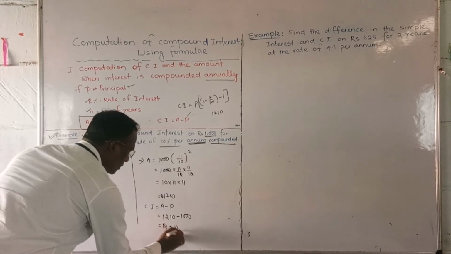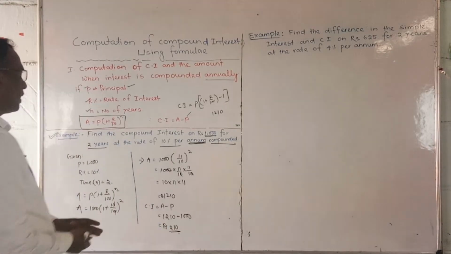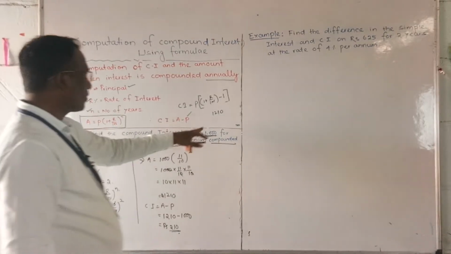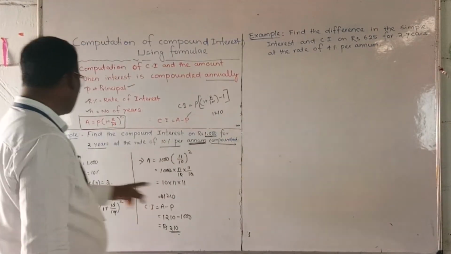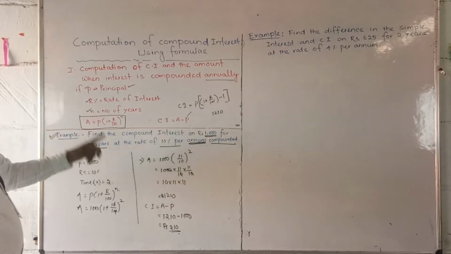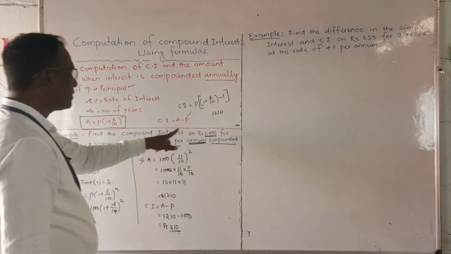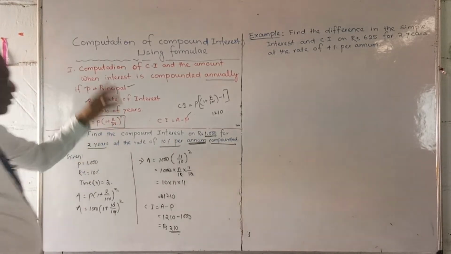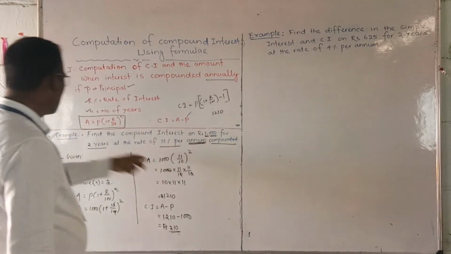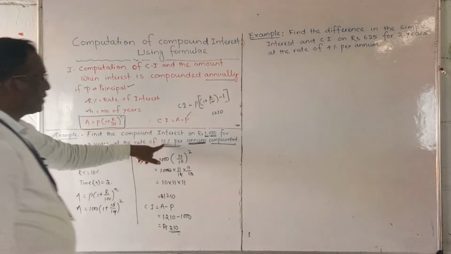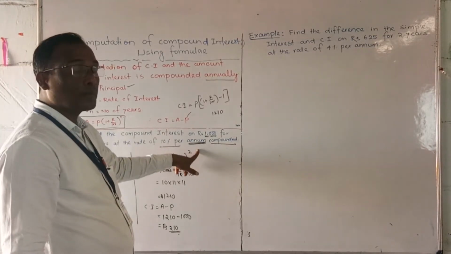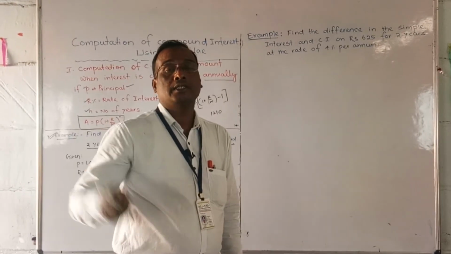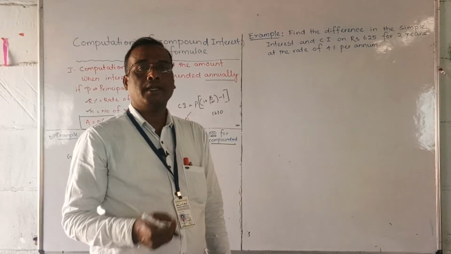Okay students, I hope you have understood this. Find the compound interest on 1000 rupees for 2 years at the rate of 10% per annum compounded. So what you have to do first: what is the principal, what is the time, what is the rate of interest, and for what period it is compounded, half yearly or quarterly or annually, that you have to detect.